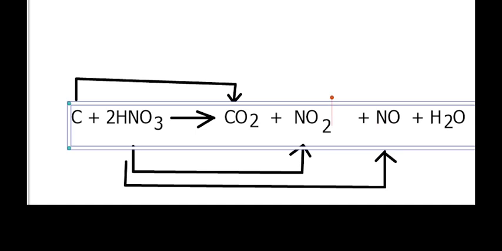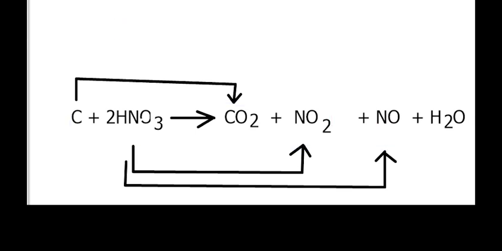In the reaction, on the reactant side, the oxidation number of carbon is obviously 0 as carbon is uncombined. The oxidation number of nitrogen in trioxonitrate(V) acid, which is nitric acid, is simply +5.